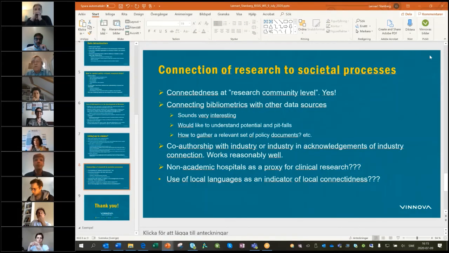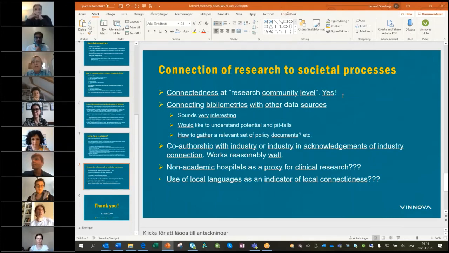Connection of research with societal processes. This is my last slide. I don't have much experience myself, except as it comes to industry connections. Certainly, I think the point about looking at the community level was very well raised, though whether it's meaningful to look at the community level within a country, or whether it has to be done globally, is a question.